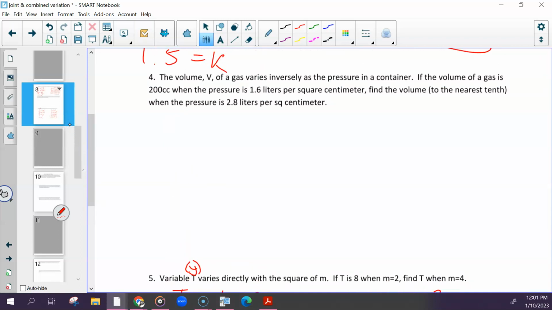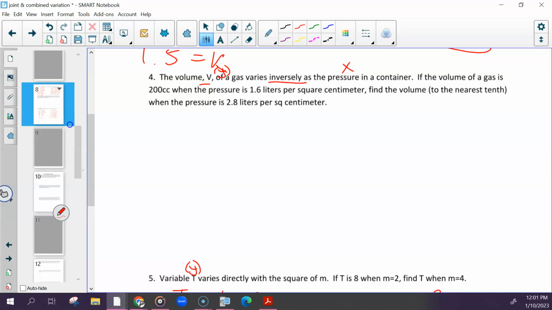All right. So for number 4, the volume V varies inversely as the pressure. So it gives us a variable for like our y, but not for our x. So you could call that x, call it p, whatever you want.